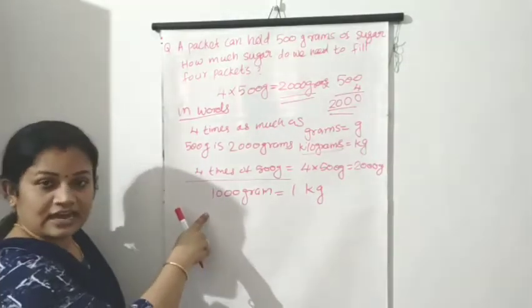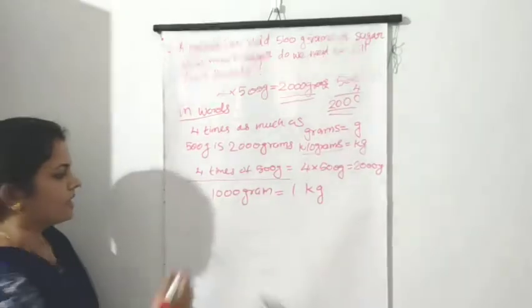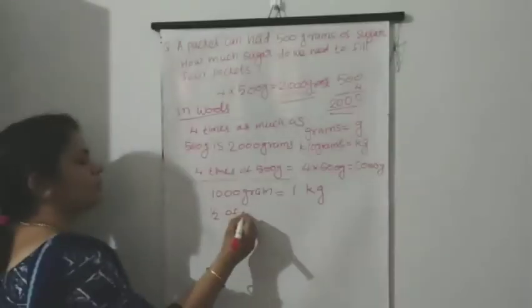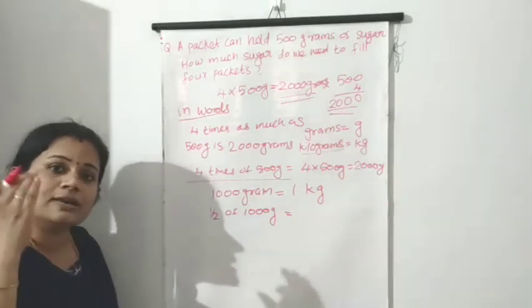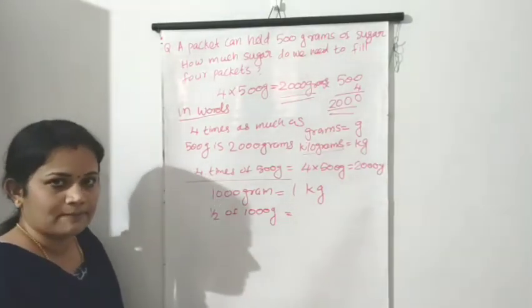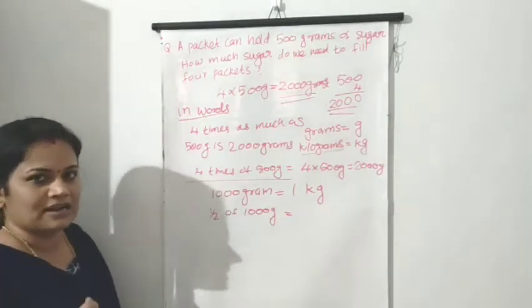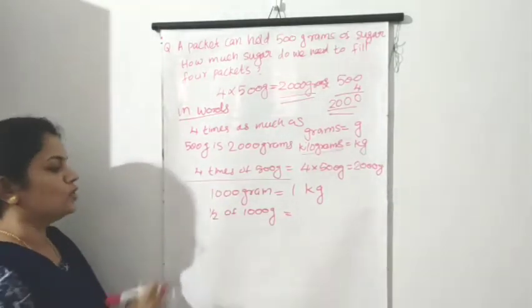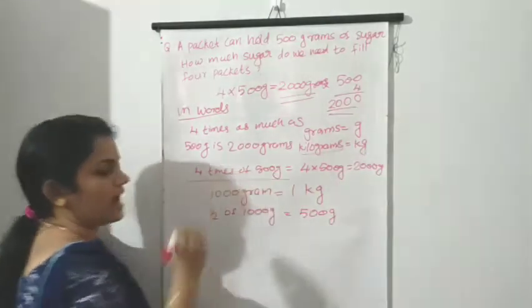So here we are discussing 1000 gram equal to 1 kilogram. Then half of 1000 gram equal to what? Half of 1000 milliliter equal to what? Do you remember? 500 milliliter. Same, we can say half of 1000 gram equal to 500 gram.